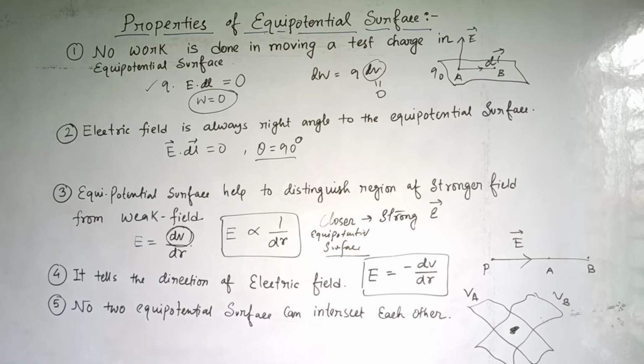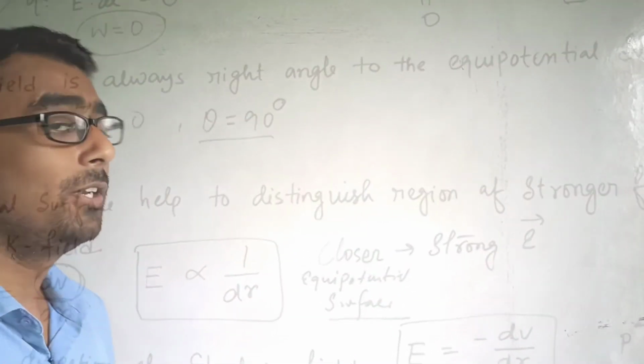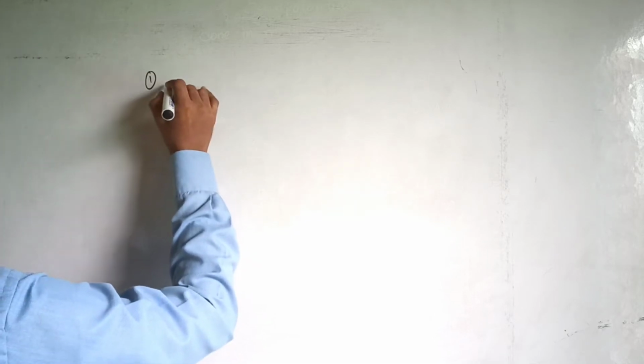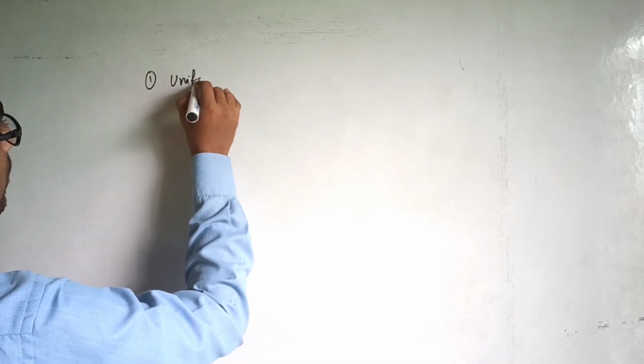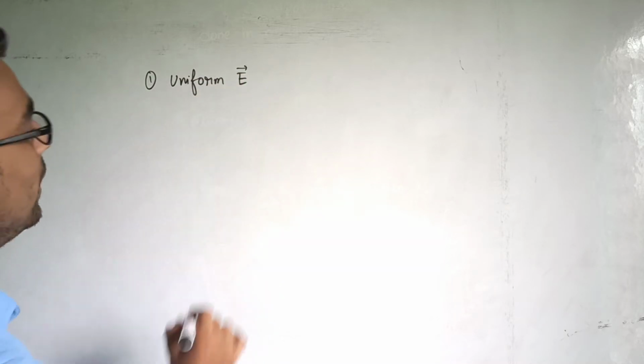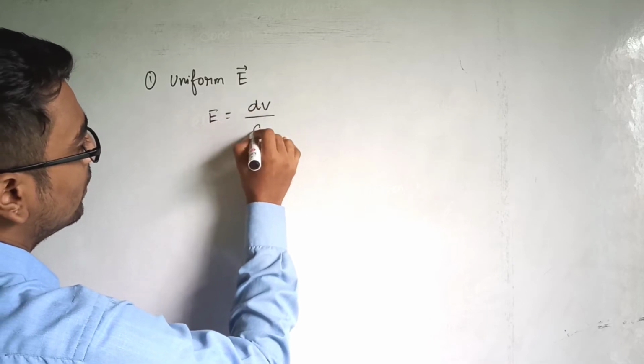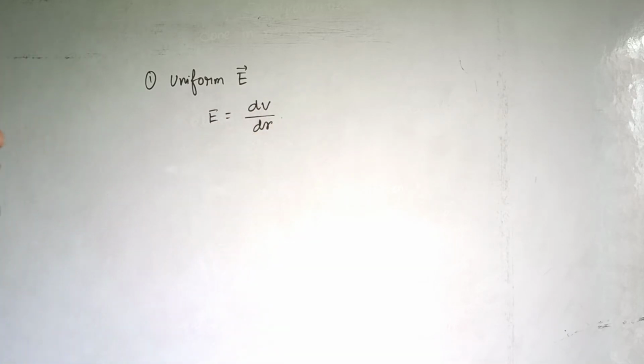Now we will draw the equipotential surface for different situations. First, for a uniform electric field. We have E = dV/dr, if we take only the magnitude.